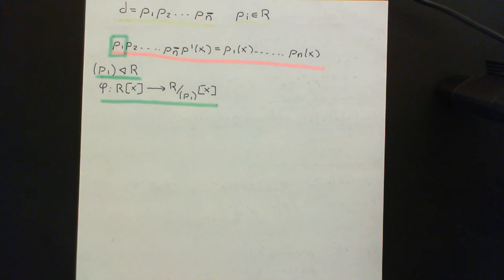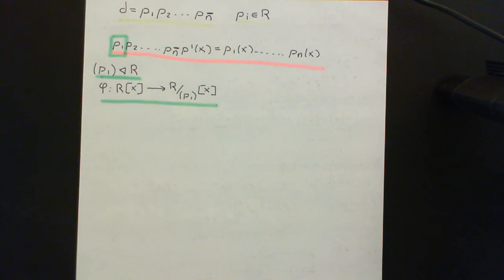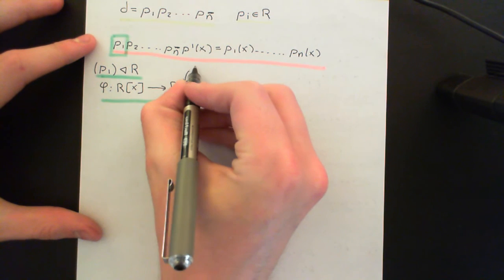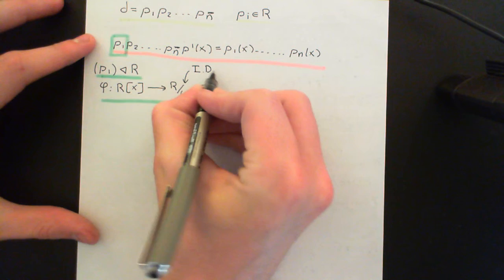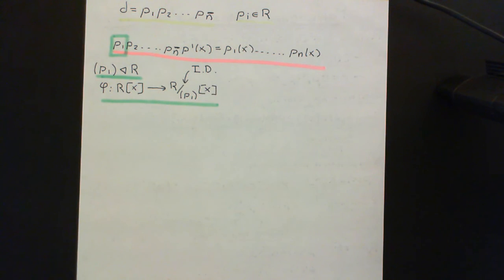I don't remember which video exactly in the playlist on ring theory, probably the video entitled Prime Ideals, but we did prove that whenever you quotient out a non-zero commutative ring, which this certainly is, by a prime ideal, you always end up with an integral domain. Okay, so R quotiented out by the principal ideal generated by P1 is an integral domain, and therefore the ring of polynomials over that is also going to be an integral domain.